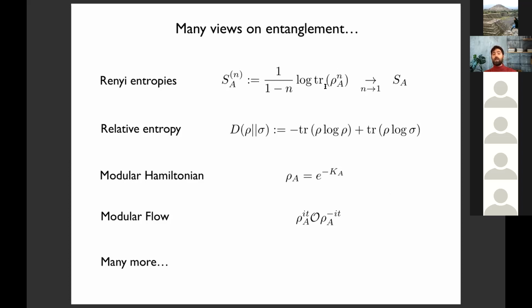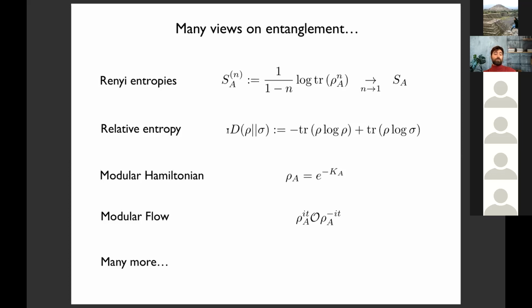They involve taking the trace of powers of the reduced density matrix. And this has the property that if you can define a suitable analytic continuation in n, when you take n to 1, this reduces to the entanglement entropy.